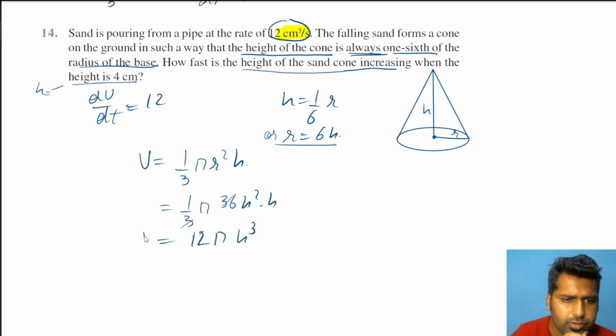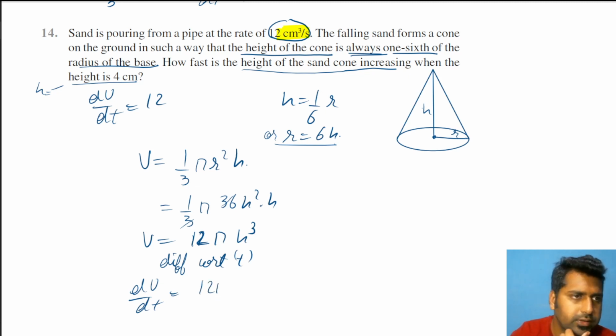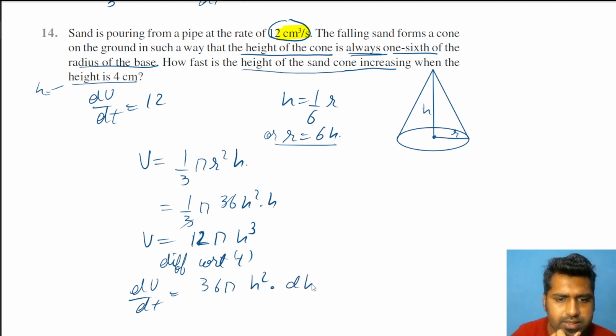So you have now volume in terms of directly height, because radius is always 6 times h as per the question. Now differentiate with respect to time. So dV by dt, simple enough. 12 pi is constant, 3 will come down, so 12 pi into 3, that's 36 pi h square into dh by dt.